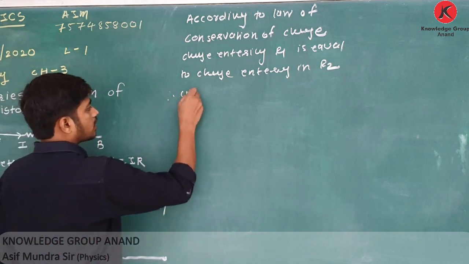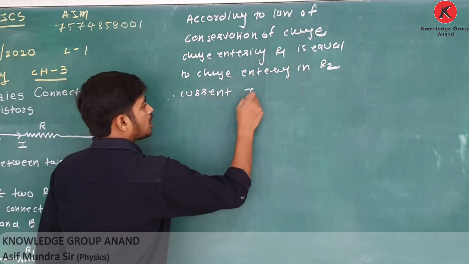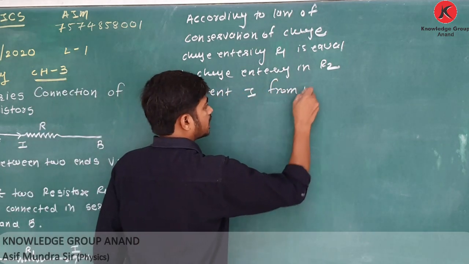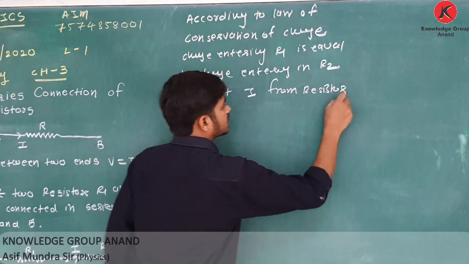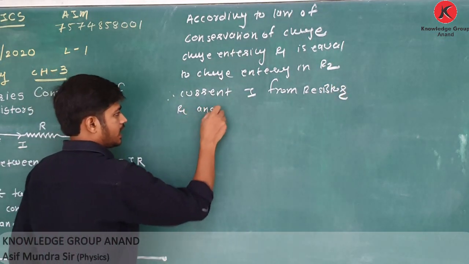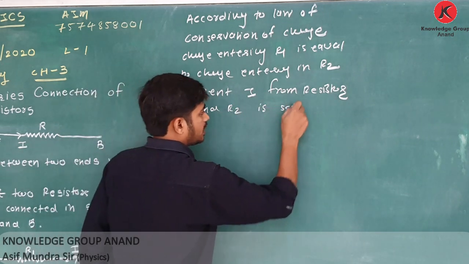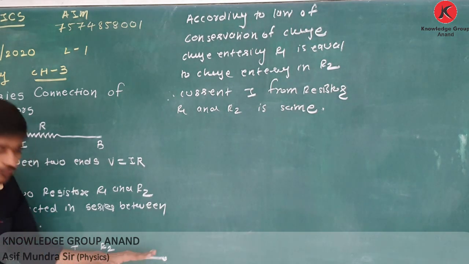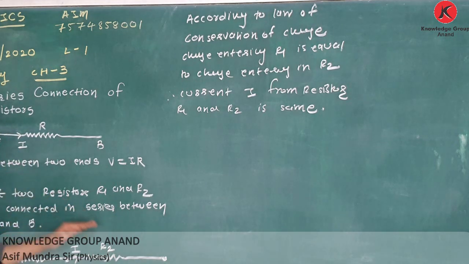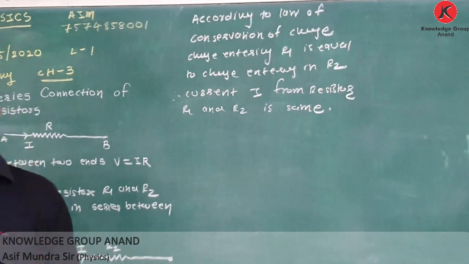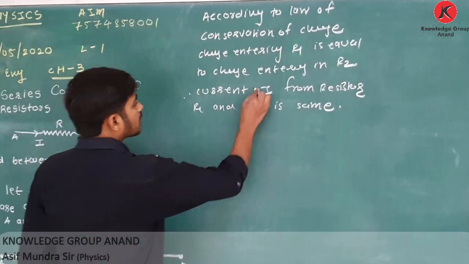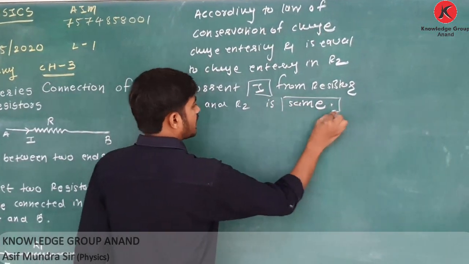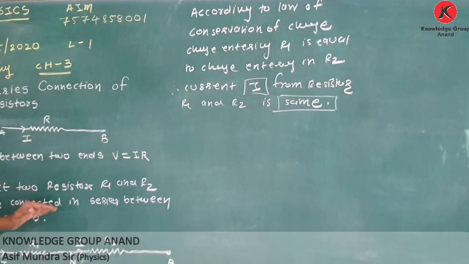So therefore current I from resistors R1 and R2 is the same. Current flowing from them is same, as there is one path. So first thing you have to remember, current I is same in series connection.